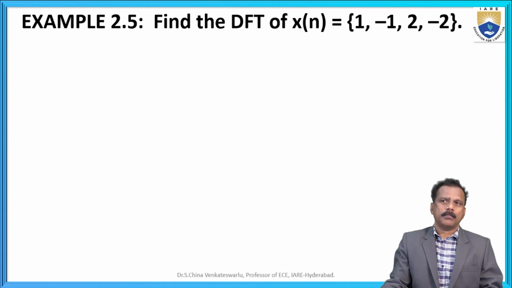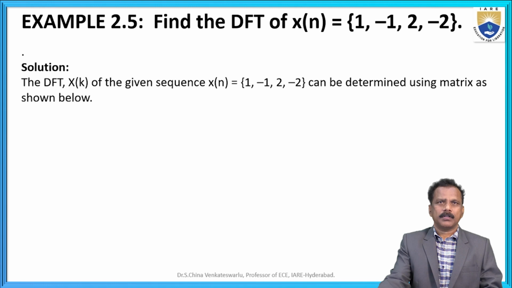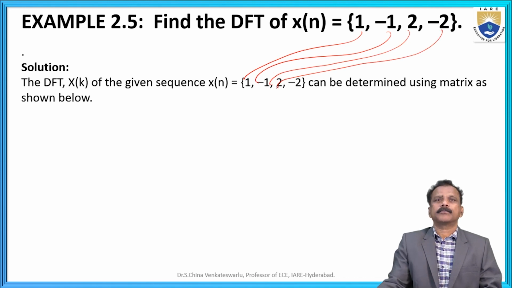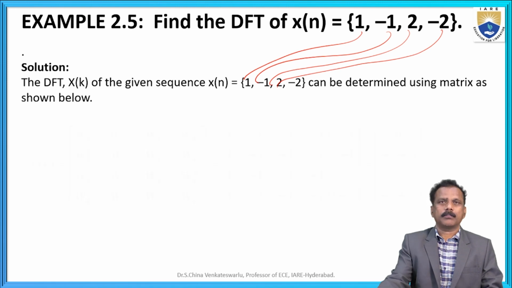Under the solution, the DFT X of k of the given sequence x of n, where x of n is 1, minus 1, 2, minus 2, can be determined using the matrix as shown below. Same procedure here.